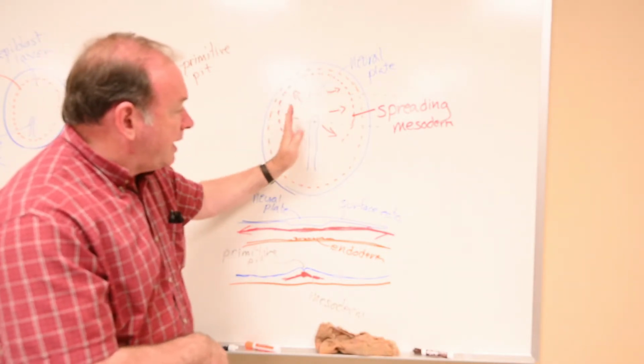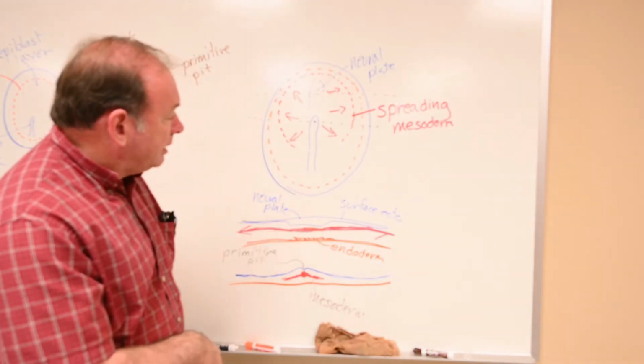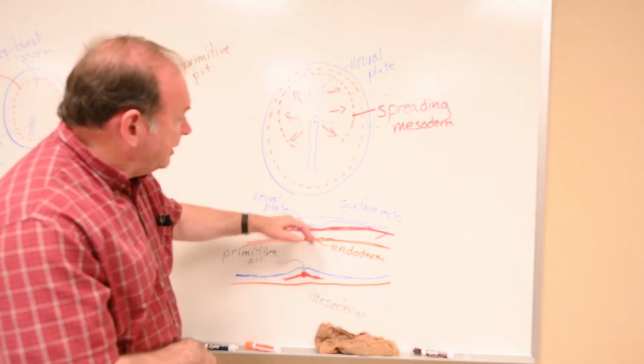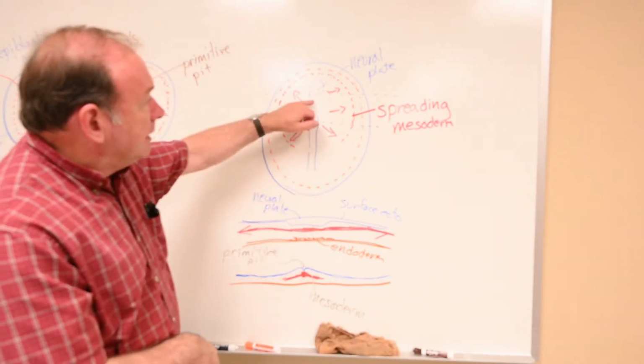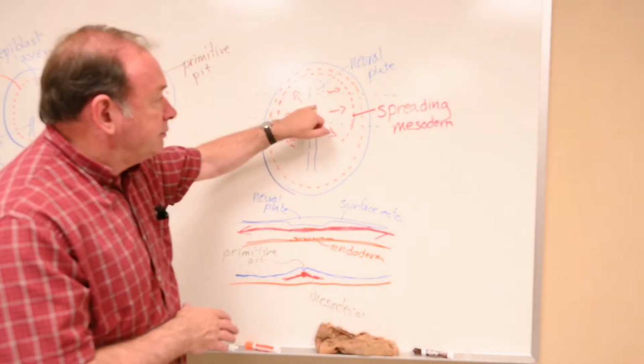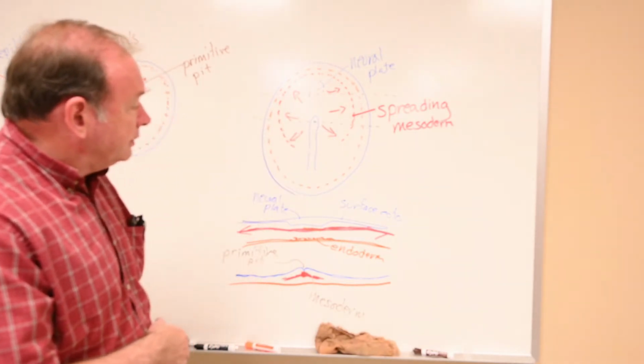Mesoderm starts to spread out between the two layers, so we end up with this sandwiched layer of tissue. And neural plate starts to form in the very middle of that surface layer of the embryonic, should say the blastodisc, in front of the Henson's node up there.